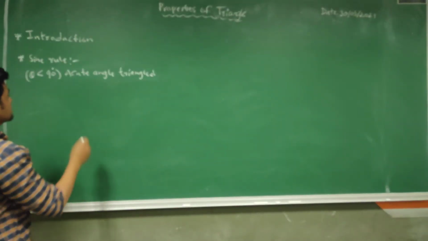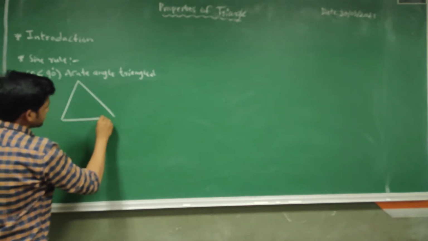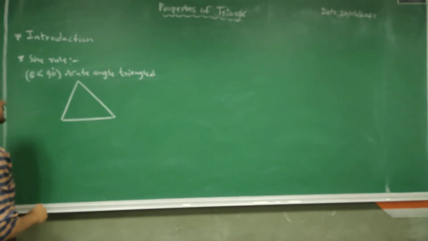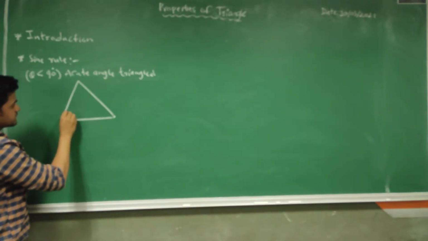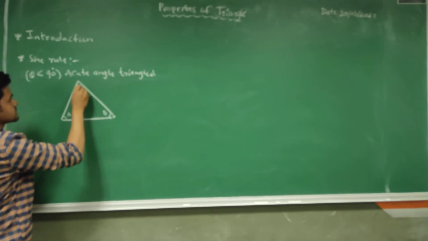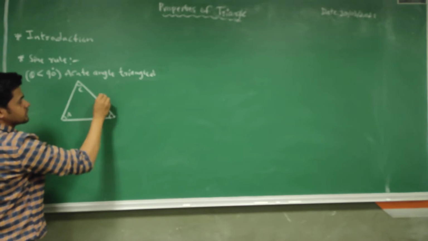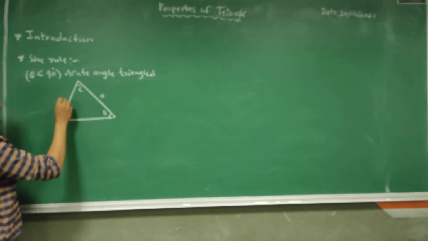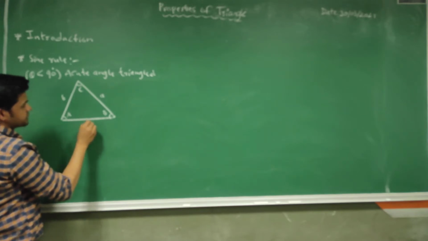I don't have. So here I just draw an acute angle. In the acute angle, I am going to take the angles, that is capital A, capital B, and capital C, and opposite of this angle side a, opposite of this angle side b, and opposite of this side c.